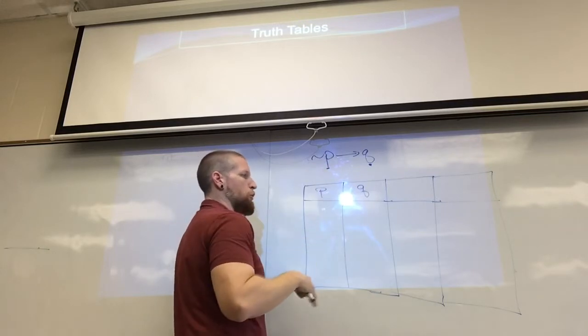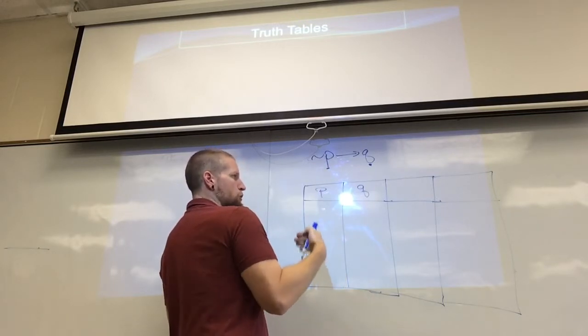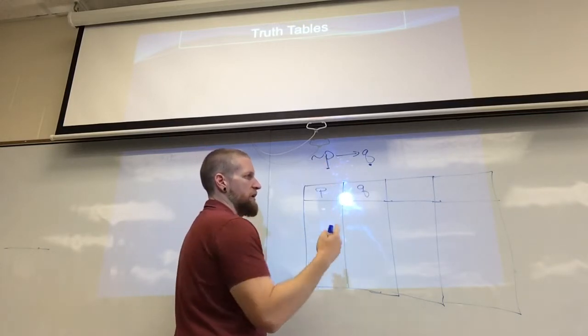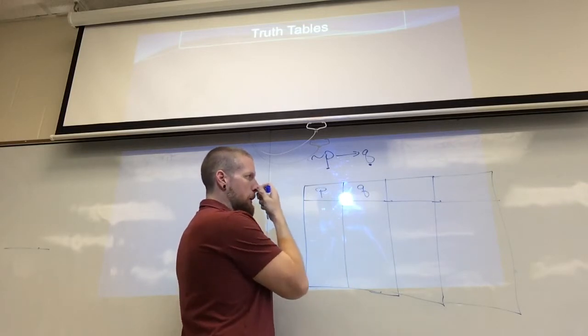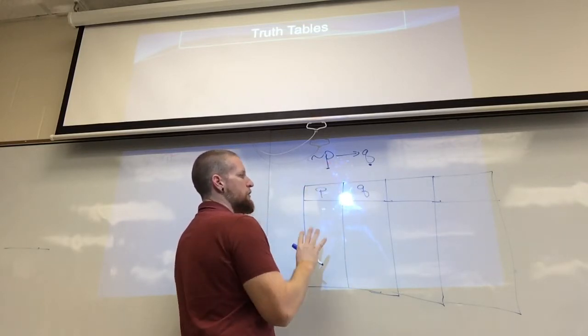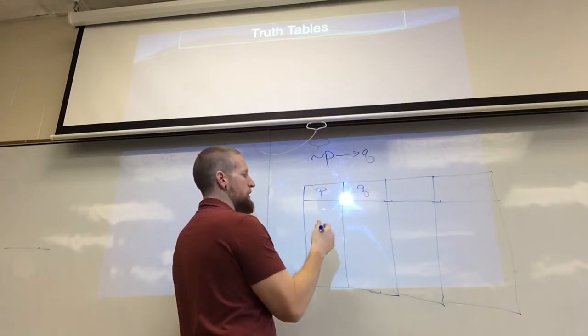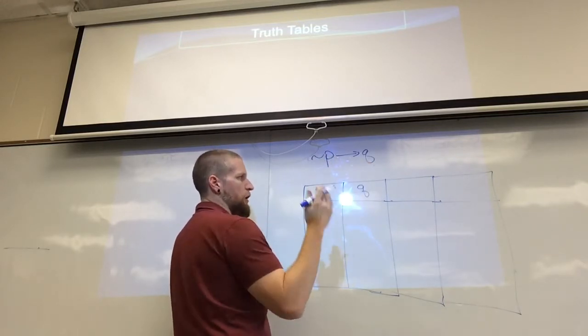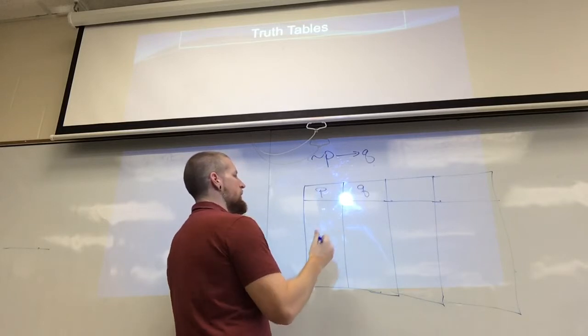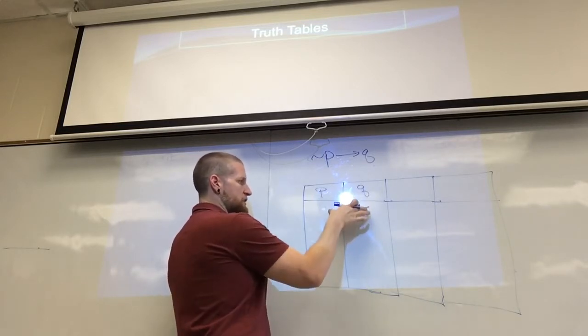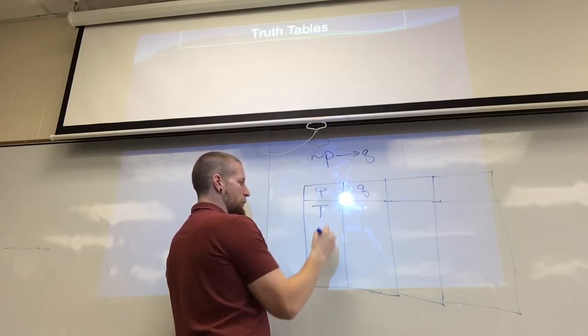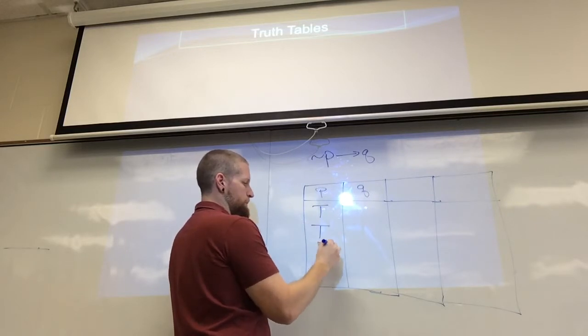And what this table would do is either prove or disprove that this argument is a valid argument. Because I don't know what P and Q stand for, I'm just creating something where I could plug anything I want into P and Q and it would always be true or always be false. The way you start it is these first 2 columns, like I said, are always the same.